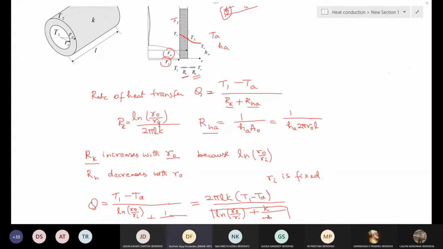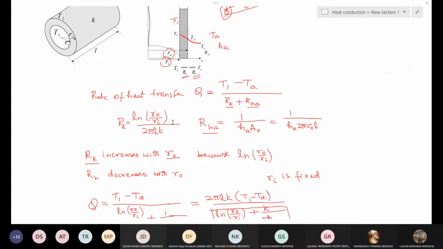So conduction resistance and convection resistance. Conduction resistance increases with the thickness of the insulation. If you're joining, before joining, make sure that your mic is muted.